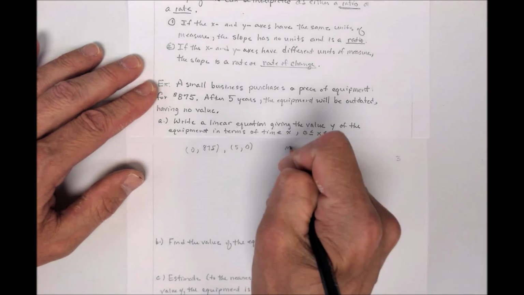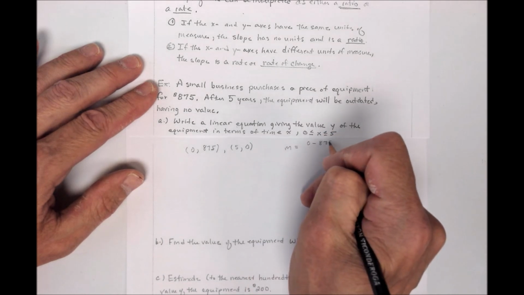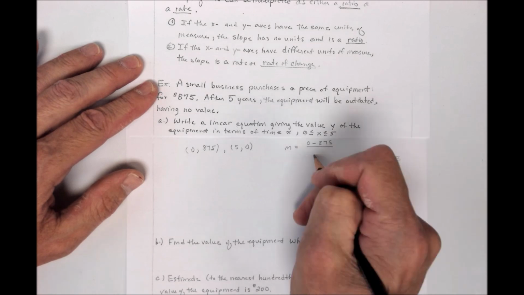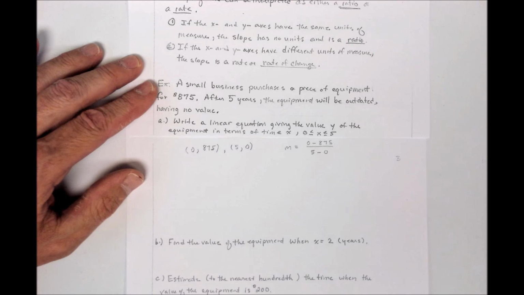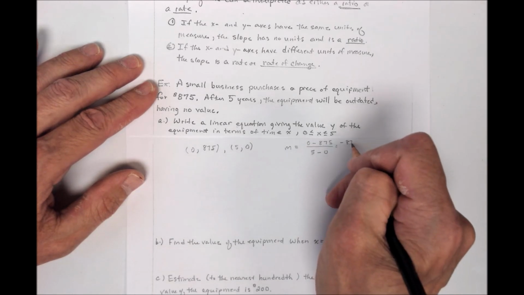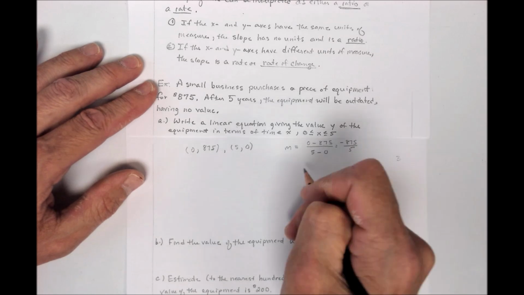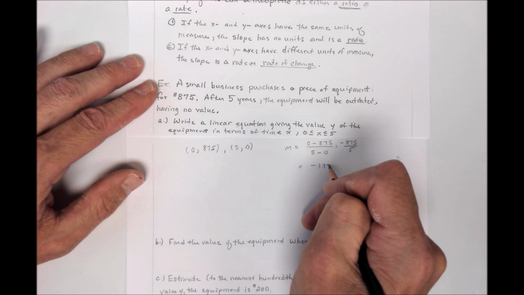So first I find the slope. Now my slope here is not going to be a ratio, it is going to be a rate, and it's going to be dollars per year. This is dollars and this is years, so I end up with negative 875 all over a positive 5, which is negative 175.